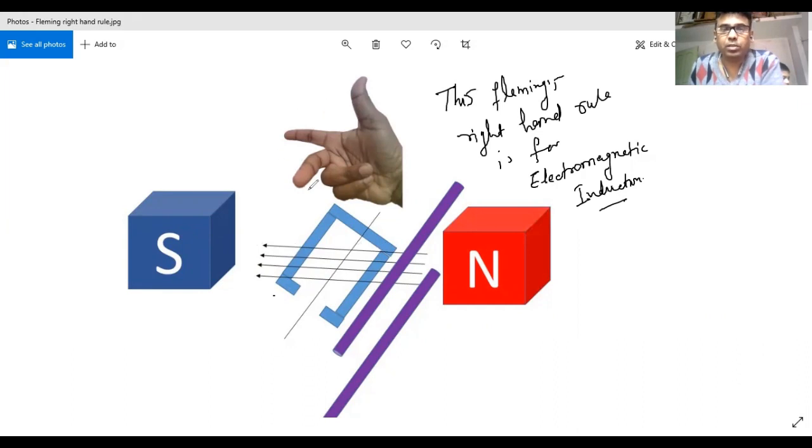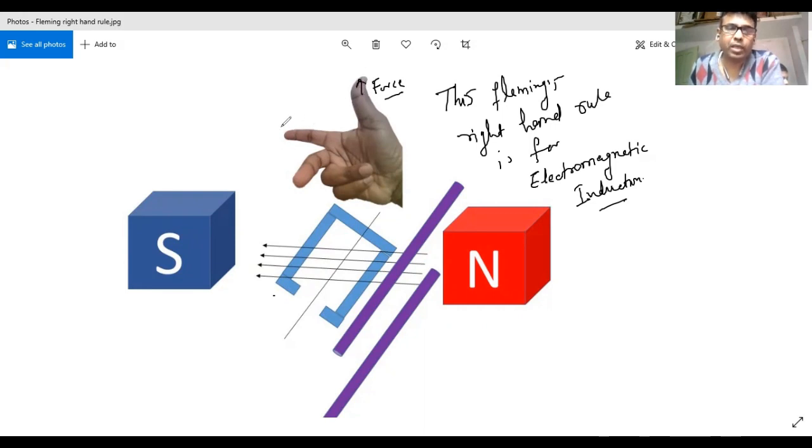Fleming has summed up the occurrence in the left and right hands. Just try to understand how this right hand is applicable in this phenomenon of the production or induction of electric current. See, this is the thumb. The thumb points towards the force.